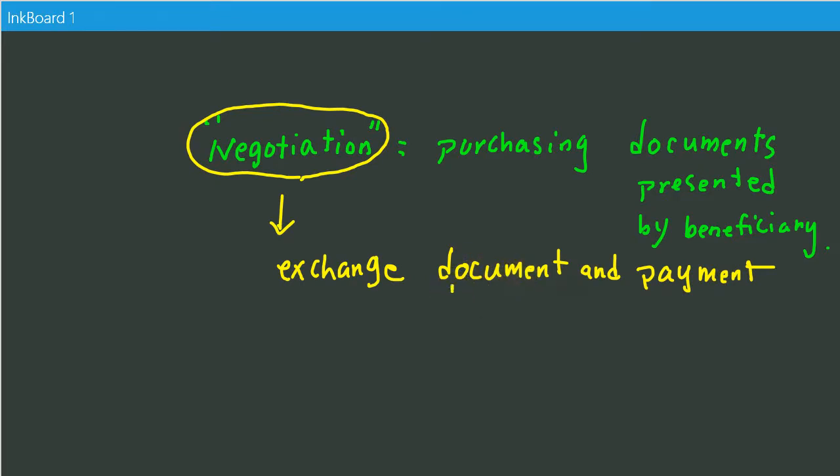The document which is required, which is requested by the LC. The process of purchasing documents presented by the beneficiary, we call this negotiations.